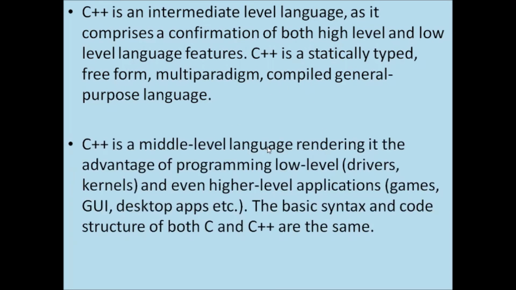It is called a middle level language, so it renders the benefits of both low level and high level. For low level programming, examples are drivers and kernels. For high level applications, examples are games and apps.